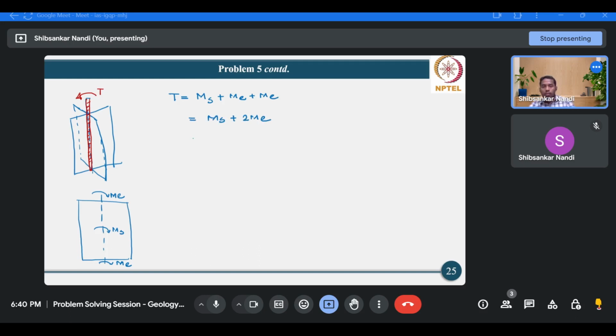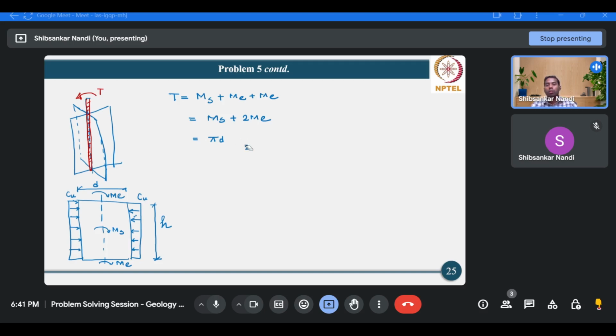Okay, now this Ms we can write, because if this is the shear stress distribution at failure, so this is your cu and this is also your cu, this length is your H and this length D. So this will be pi D cu... Okay, sorry.